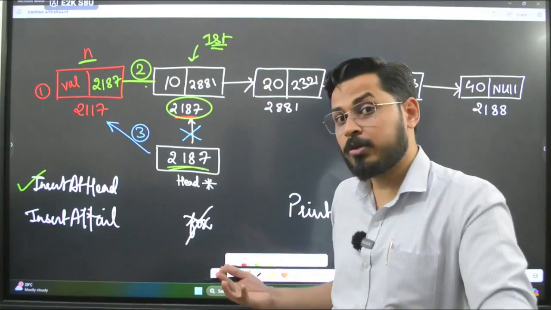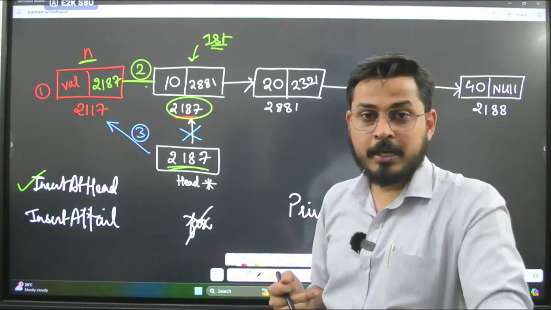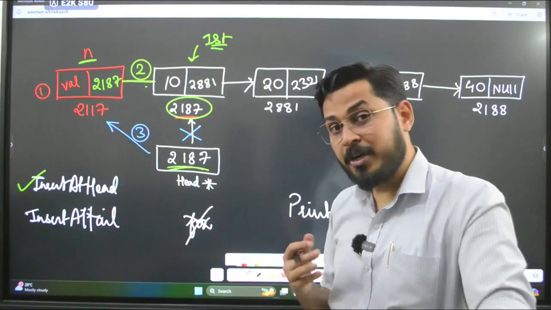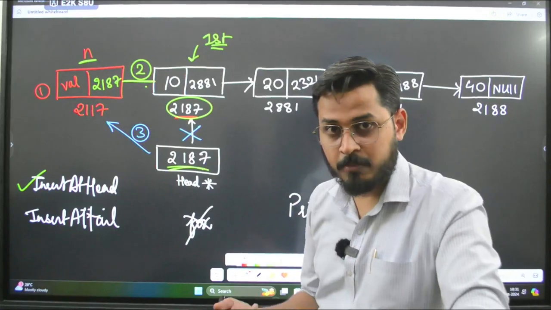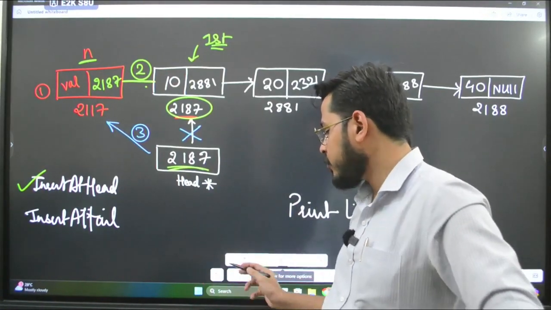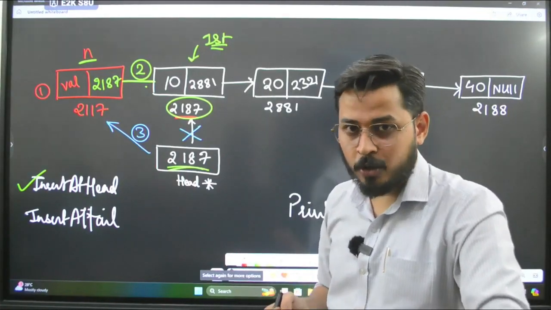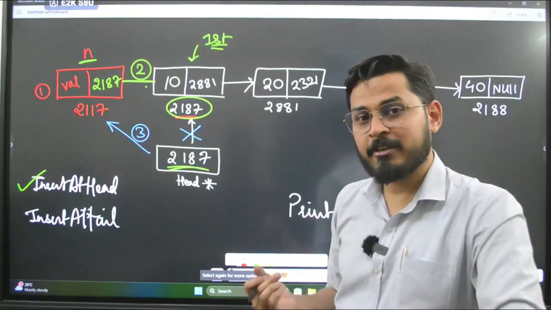Because we don't know exactly how many nodes are present in our linked list. Got my point? So we cannot say anything in this matter. So I will not use a for loop, rather I will use a while loop. And when I use a while loop, I need a condition. For a condition I need a variable.